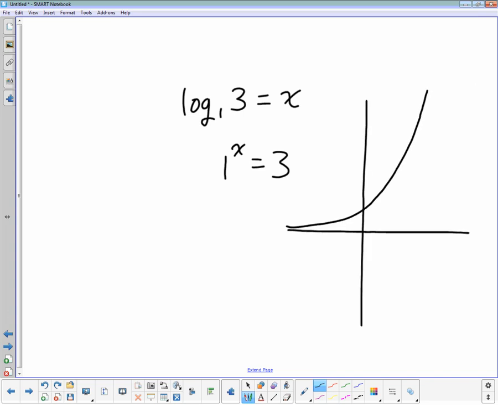By the way, unless you have some sort of translation, what is that point always? It's the y-intercept, but what is the y-intercept always?